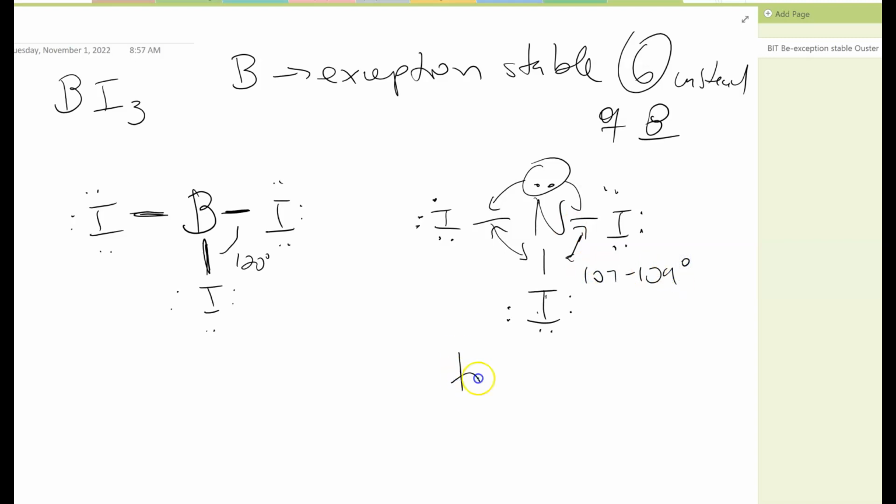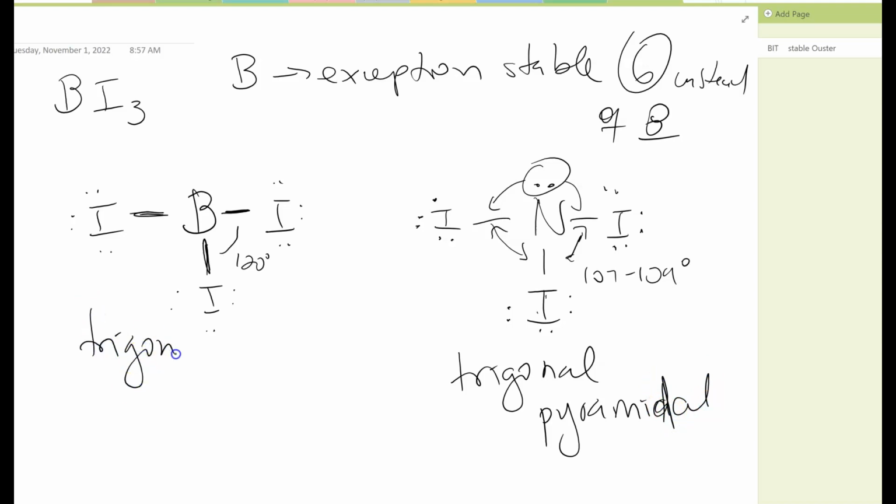And we call this trigonal, but we call it pyramidal. Pyramidal. Sorry, that's a D. Okay, so that shape is different than the trigonal planar. And what's the difference? Each of them has 3 things bonded to it. However, this one has a lone pair, and the lone pair makes a huge difference on the angle and the shape. Okay.